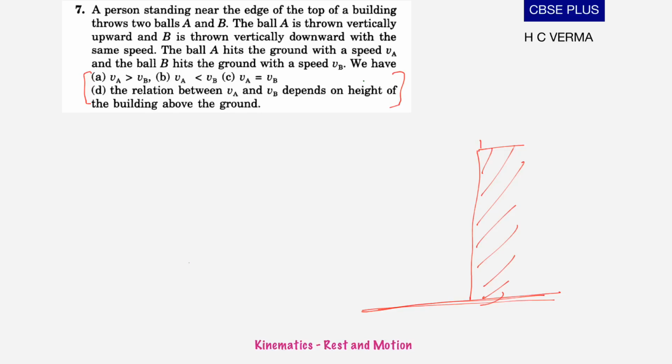Now at the edge, this guy is standing here and he has two balls, ball A and ball B, and one ball is thrown upward and the other ball is thrown downward. And the initial speed for both the balls is the same. So let's take this initial velocity as u.